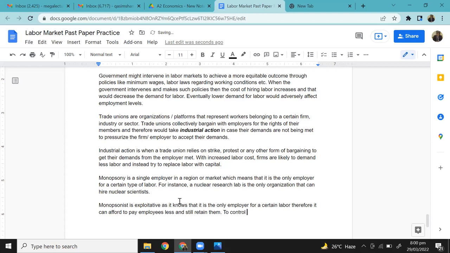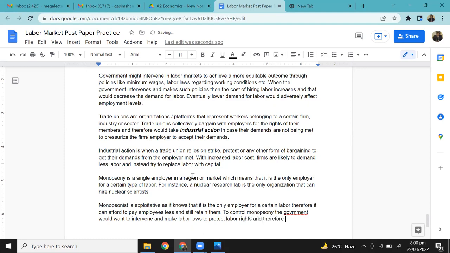To control monopsony, let's try to wrap this up. To control monopsony, the government would want to intervene and make laws to protect labor rights.